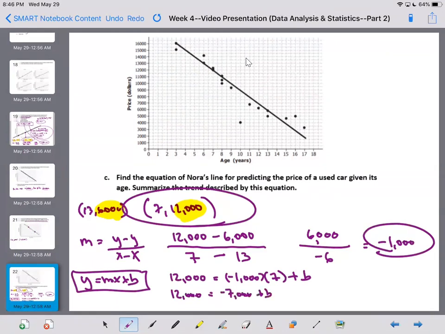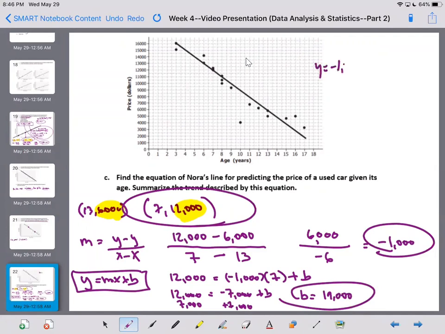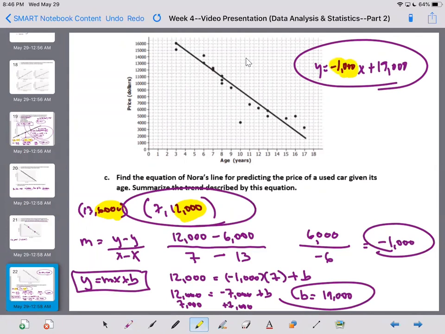To solve for b, I add the 7,000 to the other side to keep it balanced. So the intercept would be 19,000. The equation of the line should be y equals negative 1,000x plus 19,000. The slope is negative 1,000, and the y-intercept is 19,000.